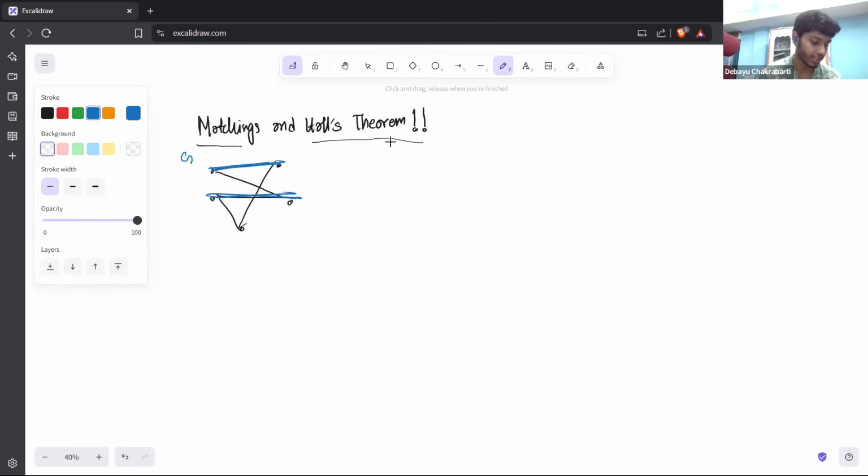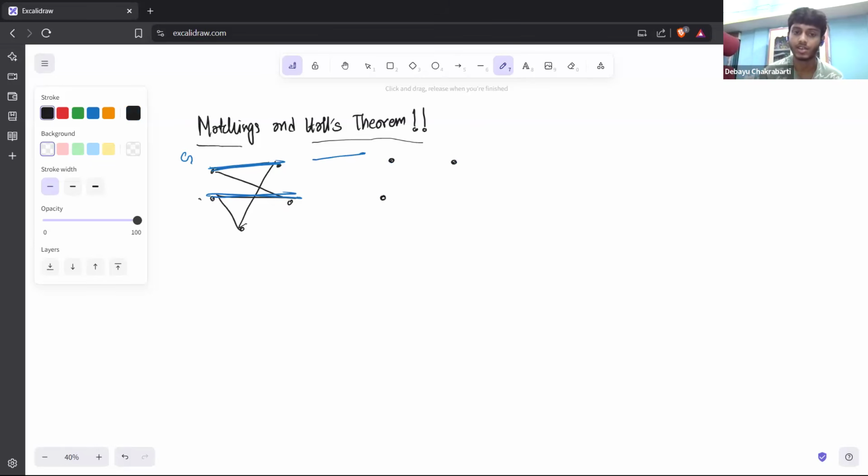Now, what we care about is matchings which have a larger size, because making matchings of smaller sizes is not as complicated. You can just make a matching of size 1 with one edge, right? So usually we want to maximize the size of the matching.